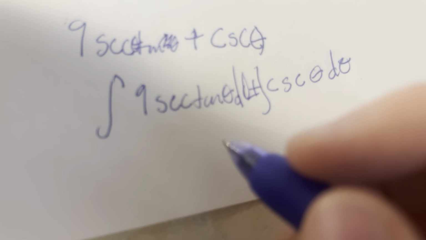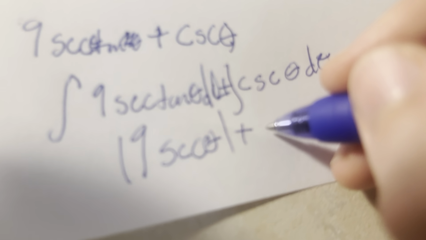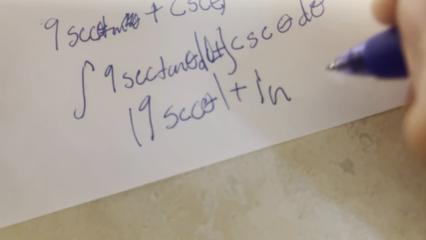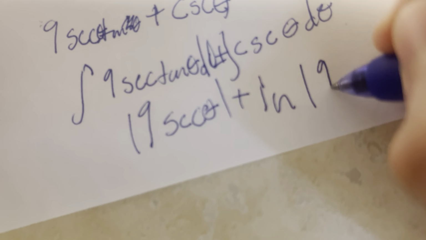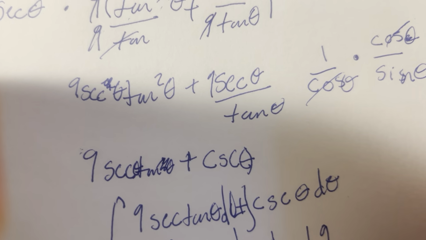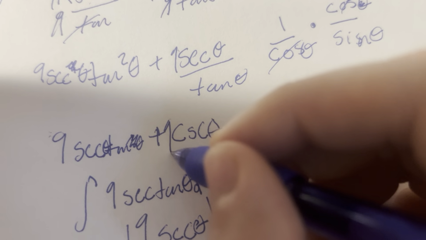So now, solving for the integral would give us 9 secant theta plus ln, and can't forget to include our constant.